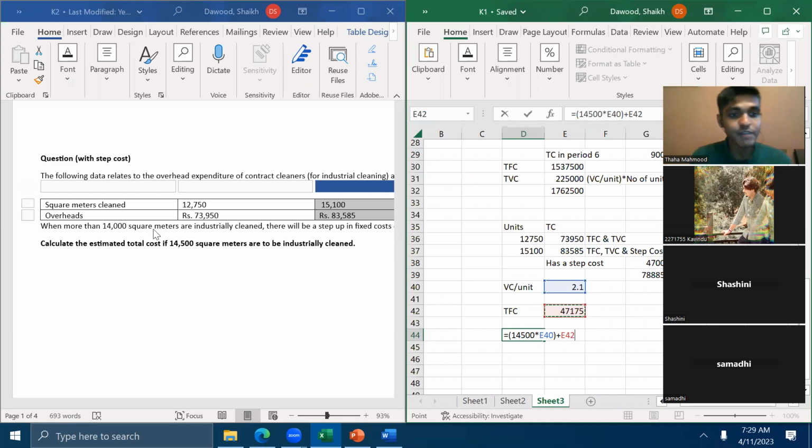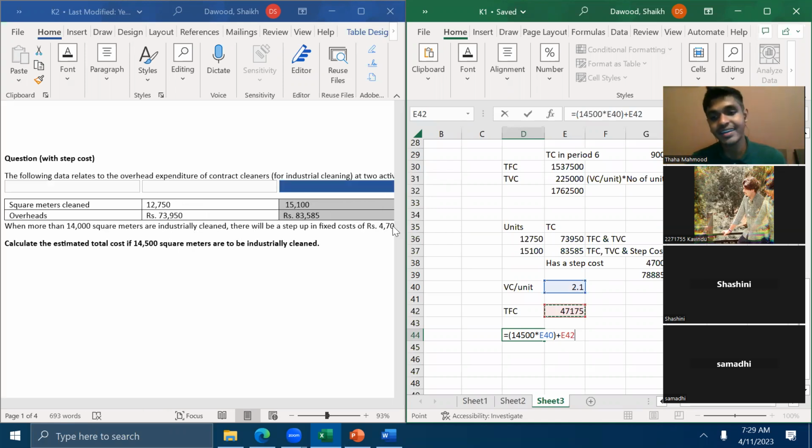And when more than 14,000 square meters are industrially cleaned, the 4,700 step cost has to be included. Therefore, we have to add the step cost as well. So in order to clean 14,500 square meters, we have to incur this much of variable cost, this much of fixed cost, and this much of step fixed cost. So that would be 82,325. Okay.